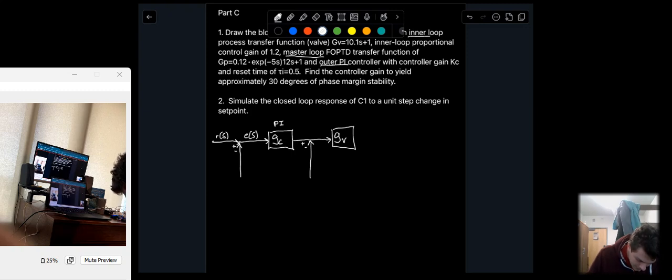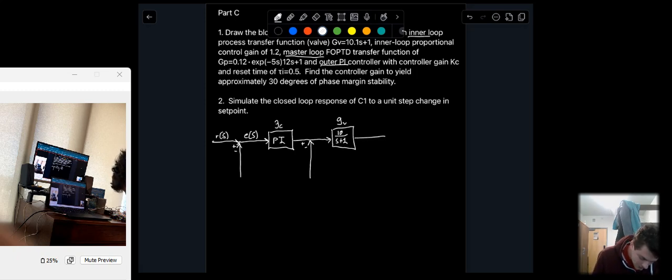And that valve has the function n over s plus 1. That's the gain of our valve here. Perhaps I should label these opposite. This is going to be some form of PI control. That's what we're looking for here, specifically the controller gain parameter in this case, and GC.